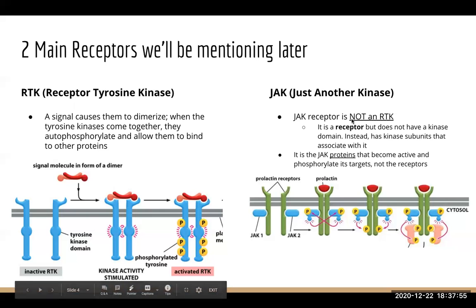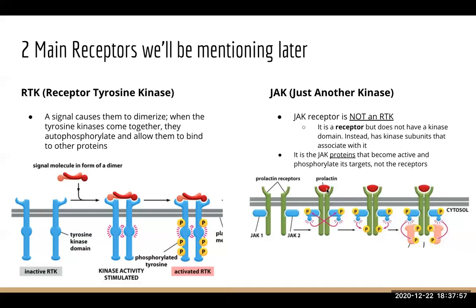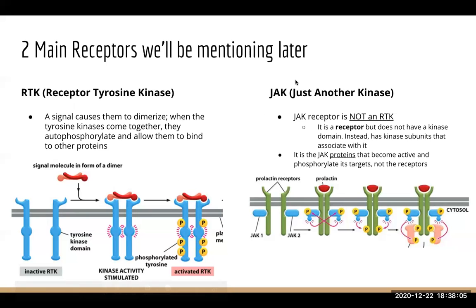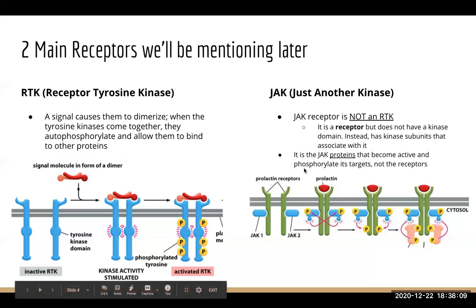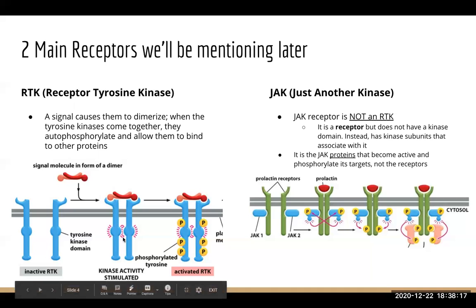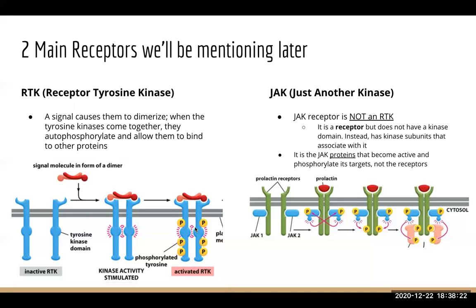Another kind of receptor that we'll be talking about is the JAK receptor. It looks similar to RTK, but they're pretty different. The way that JAK works, JAK stands for just another kinase, which I think is hilarious. But again, these guys are pretty far apart. A signal comes and causes them to dimerize. Now, in RTK, when the tyrosine receptors dimerize, they autophosphorylate each other.